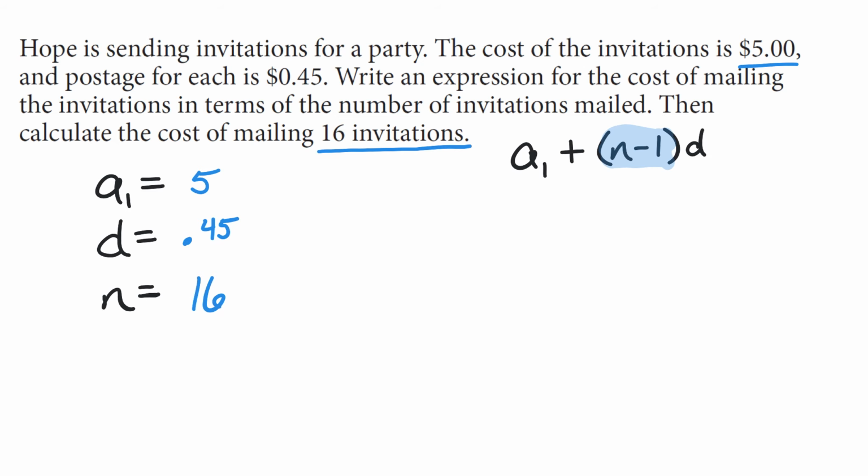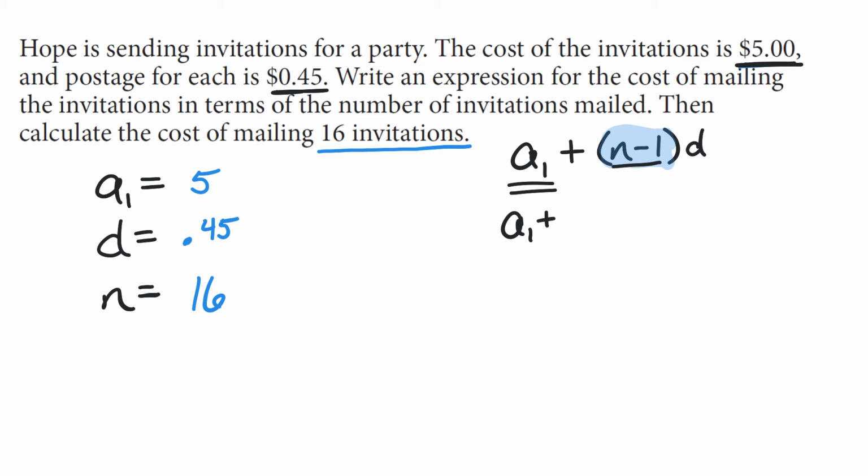Because think about this. If we were talking about the first term in the sequence, if we're talking about sending one invitation, the invitation cost is going to clearly be $5. And that first invitation is going to need the 45 cents. So in this case, if we use our explicit formula, it's actually going to come out wrong.